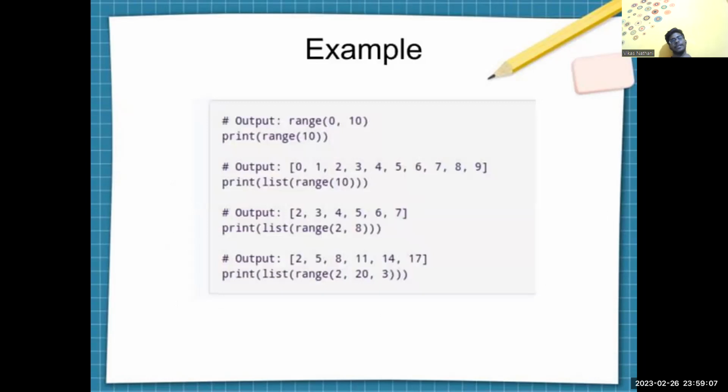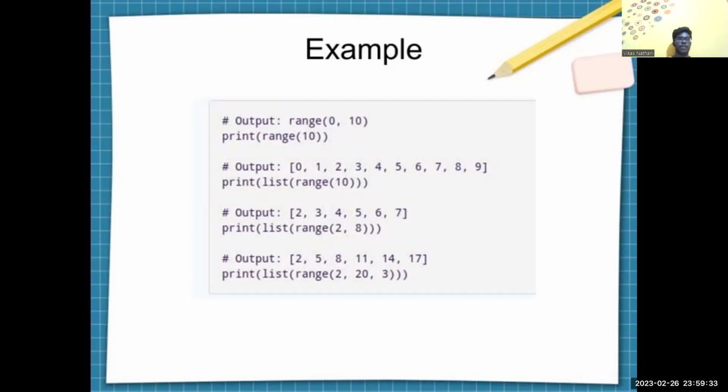Now, let's take the first one. Normally in Python, hashtag is used for a comment. The comment after the hashtag will not be interpreted. It's just a comment. After that, the output of range of 0 to 10, print range of 10.